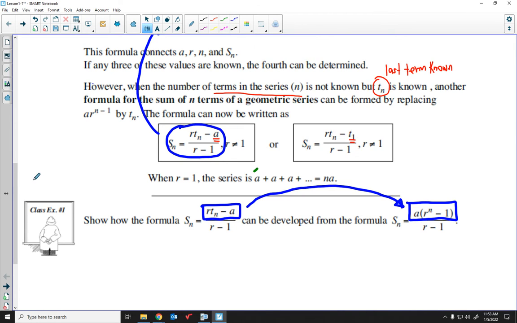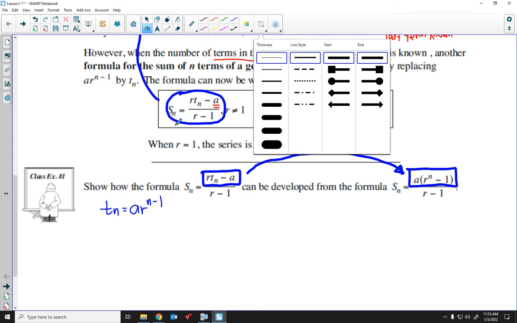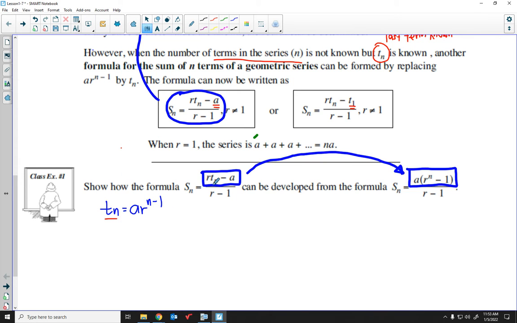Here's how we do it. For a geometric sequence, I know that the general term formula is T of n is equal to A R to the power of n minus 1. I'm going to make a quick little substitution. I'm going to take this equation and replace T of n with A R to the power of n minus 1.